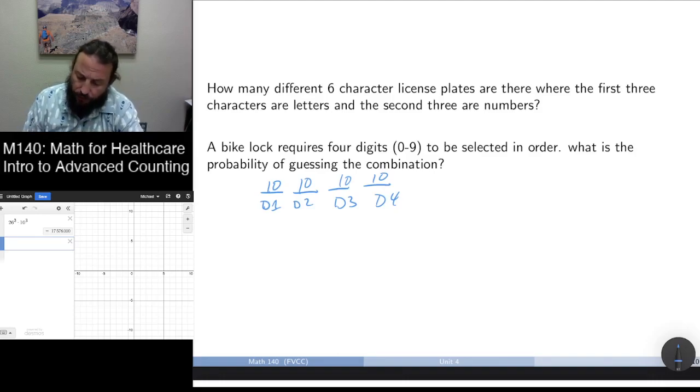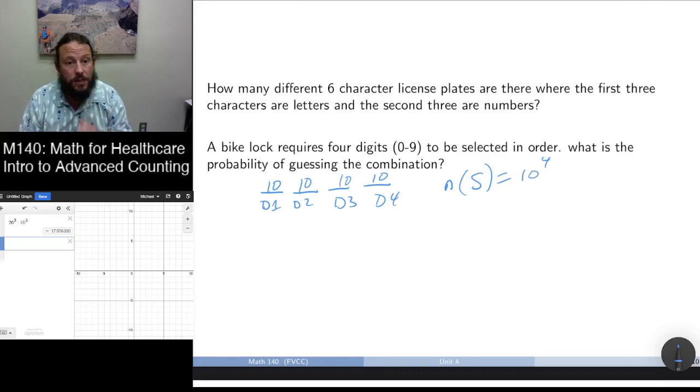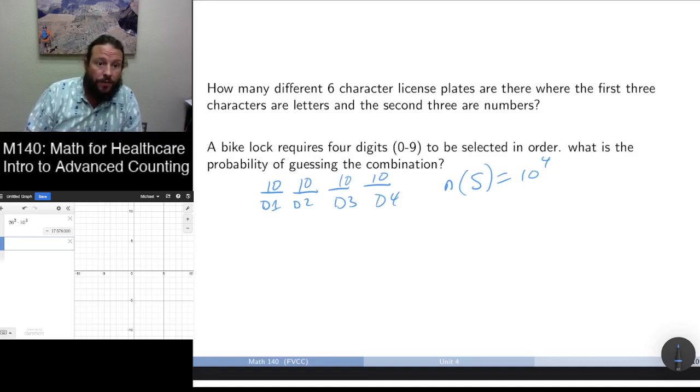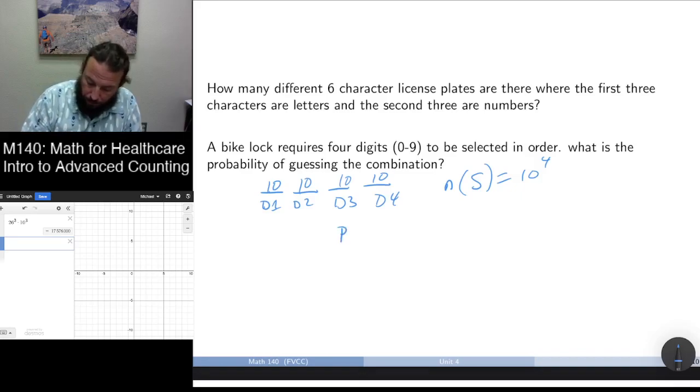Since it's asking for the probability of guessing the combination, let's think about that. What we just said is that the size of our sample space in this problem is 10 to the 4th, which is 10,000. If you have no idea and you're guessing, there's only one correct guess, or one correct combination, and so that's going to be 1 over 10 to the 4th.